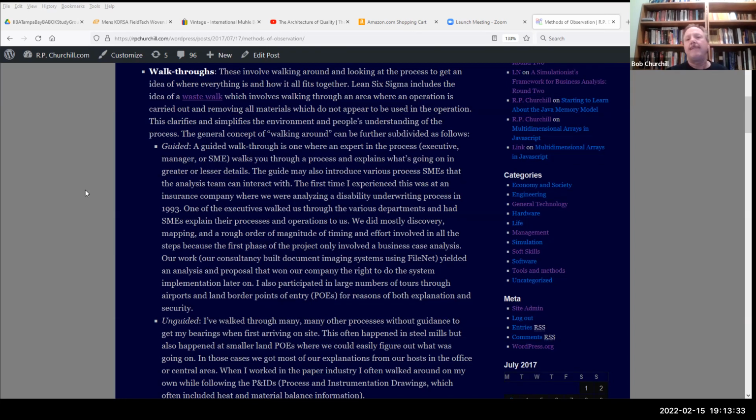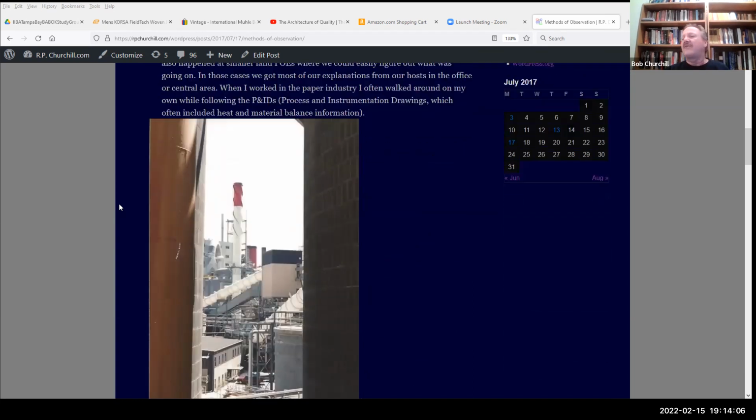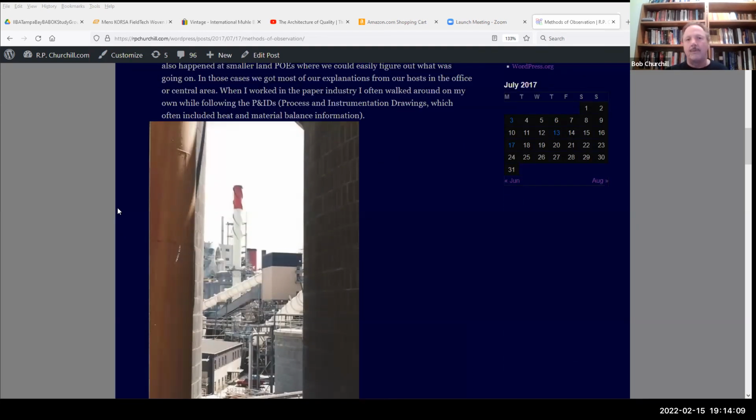If you have an SME that knows the process and you're coming into an organization from the outside, I always worked for vendors and external analysis outfits that consulted with larger organizations. So many times we received guided tours of the process, but a lot of times I just had to figure out what was going on by going to look at it.